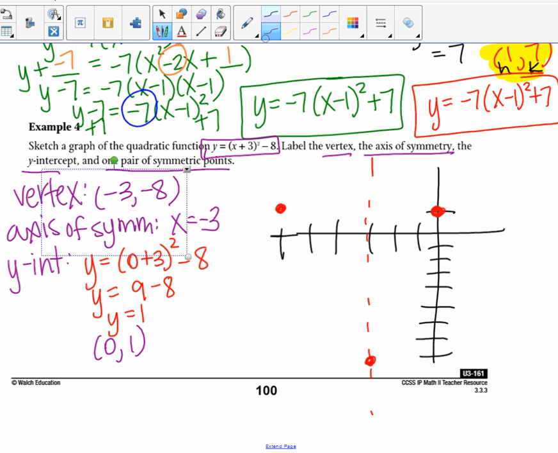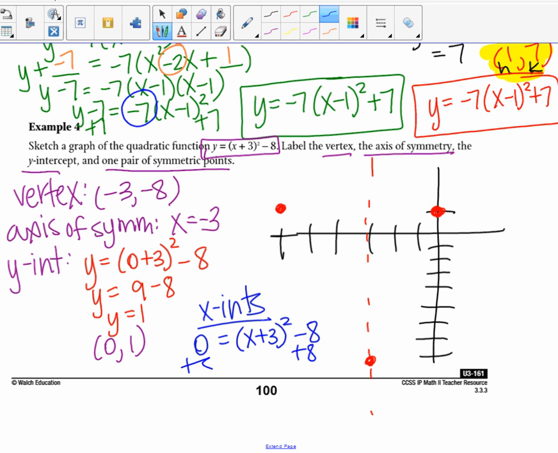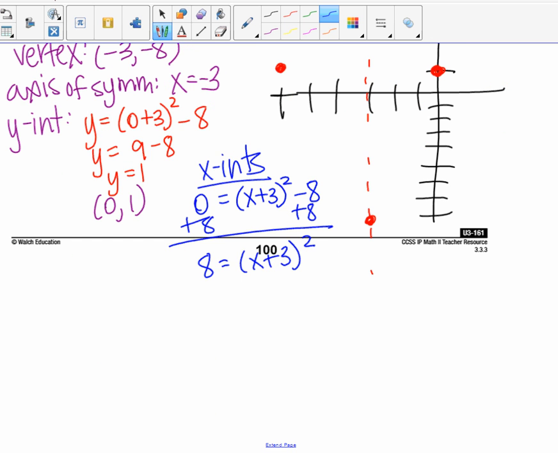Okay, and just for practice, let's find our x-intercepts so we know what the graph should look like, right? So for our x-intercepts, that means y is 0. So we have 0 equals x plus 3 squared minus 8. So we can actually solve by taking square roots. So we can add 8 to both sides, and we get 8 equals x plus 3 squared.